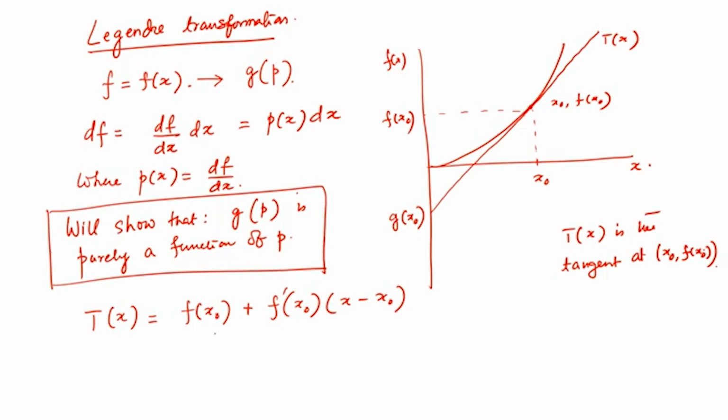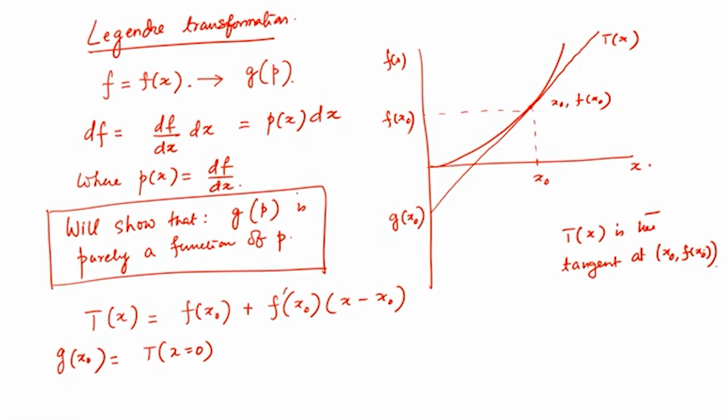So, T of x is equal to f of x 0 plus f prime x 0 times x minus x 0. The intersection with the y axis is g, which is equal to T at x equal to 0. Okay. So, this g at x 0 is equal to T at x equal to 0.